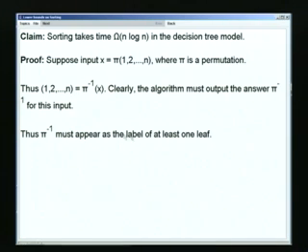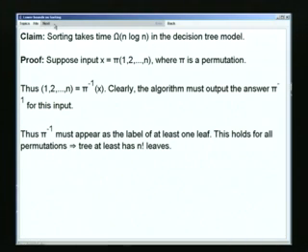So pi inverse must appear as a label of at least one leaf. Now this holds for all possible permutations, not just a particular pi. How many permutations are there? Well, there are n factorial permutations, and therefore there are n factorial leaves. So this is the key insight. We have proved that this tree, the algorithm tree, must have at least n factorial leaves.